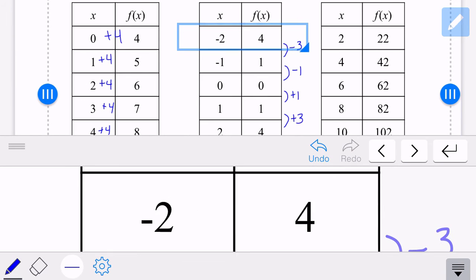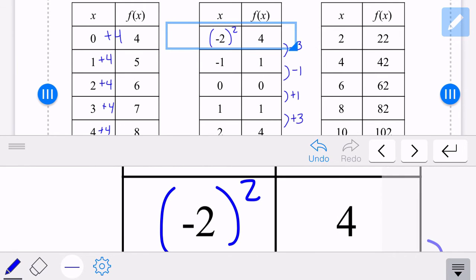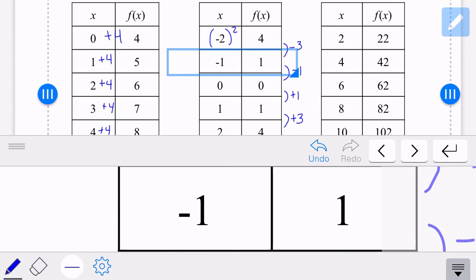Your exponents would be like maybe doing the input squared or the input cubed or something like that. So let's take a look at our input squared. If I square 2, is that going to get me 4? Yeah. I'm sorry, I should have said -2. But yes, if you square -2, that'll give you 4, so that's good. What if I square -1?